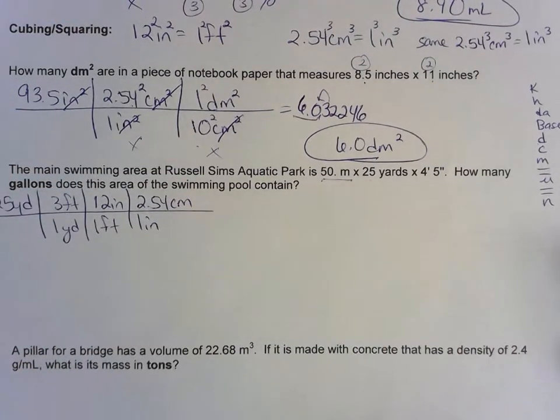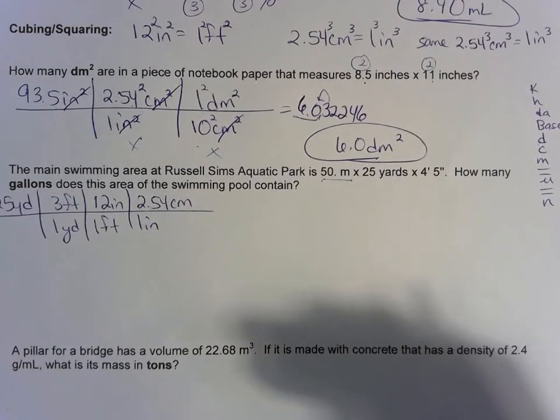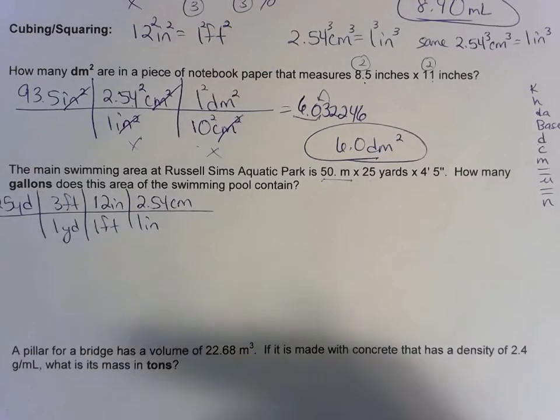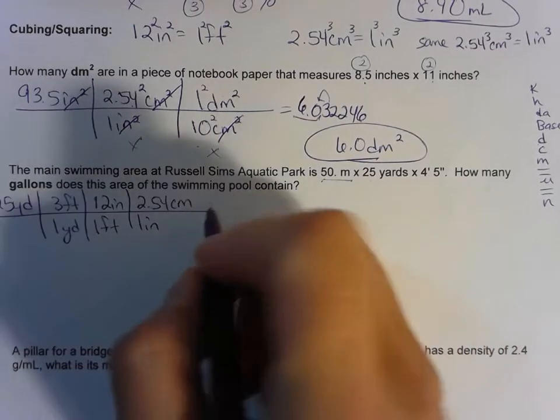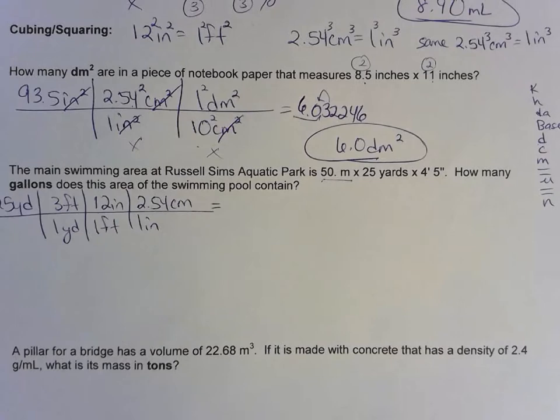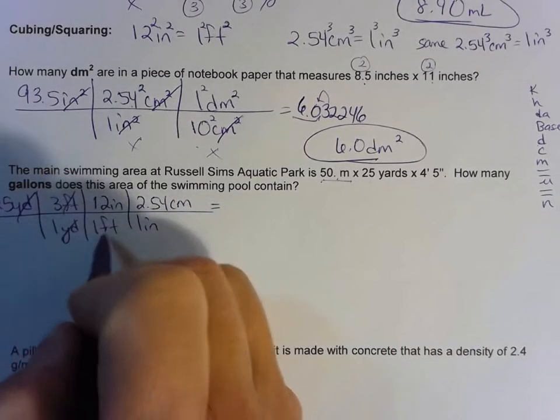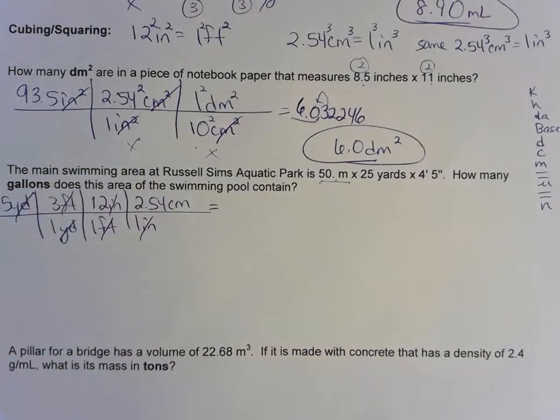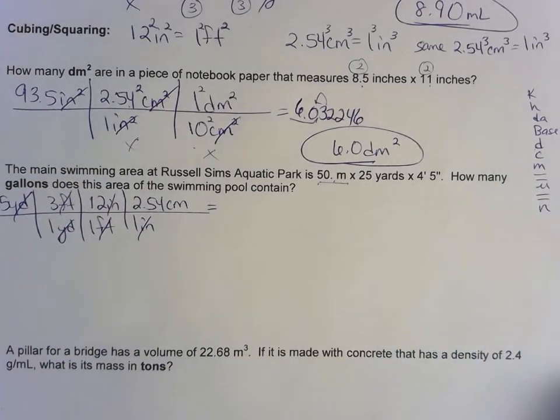Now, at this point, I'm noticing, why don't I just leave this in centimeters? It's 6 of one, half a dozen of another. I can leave it in centimeters here, or I can take it on to meters. I'm going to have to get out of meters in a minute. I think I'm going to change my mind and leave it in centimeters, and then I'll go ahead and convert meters to centimeters on that problem as well. It really makes no difference as long as they're all in the same unit.